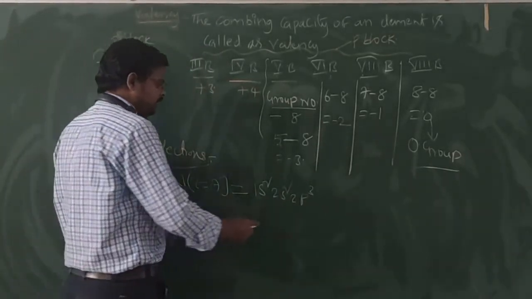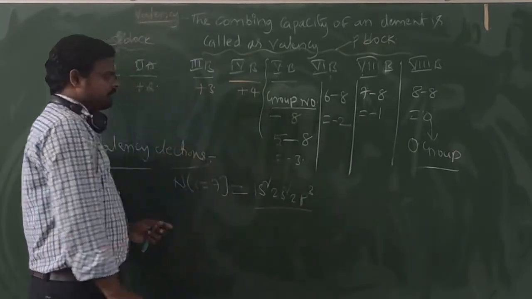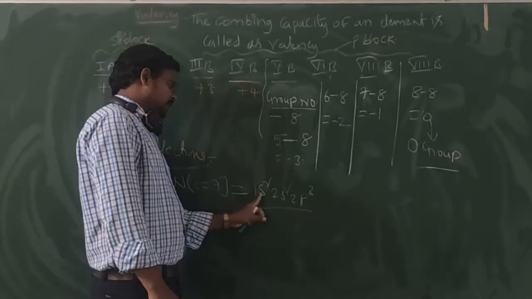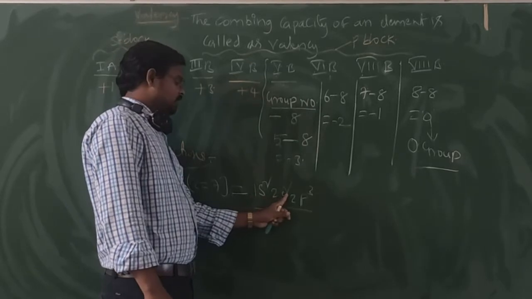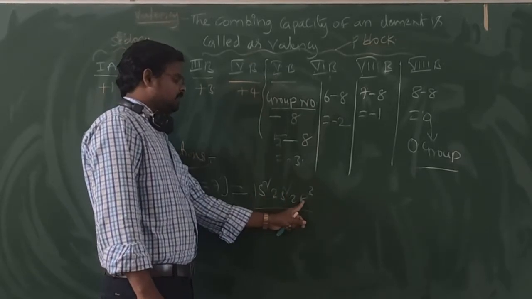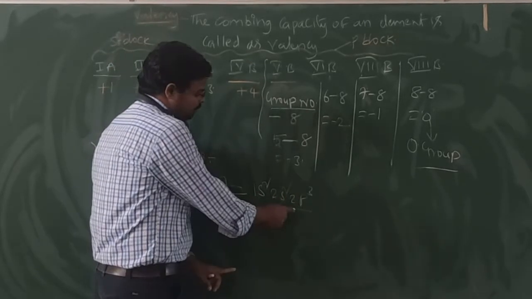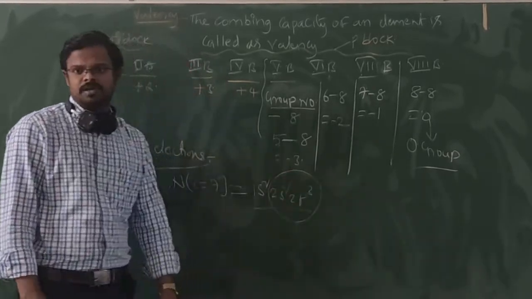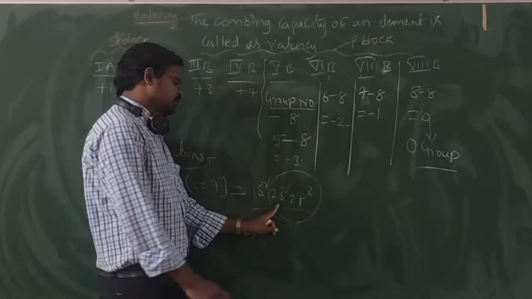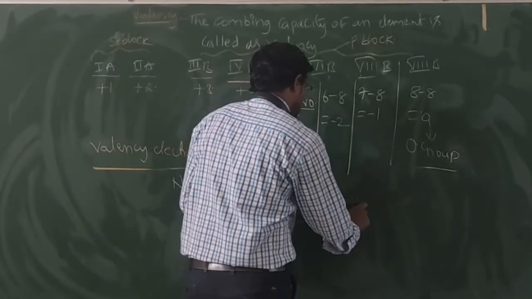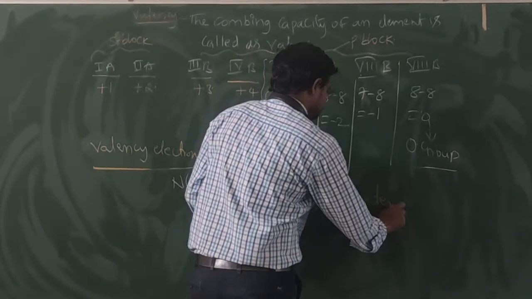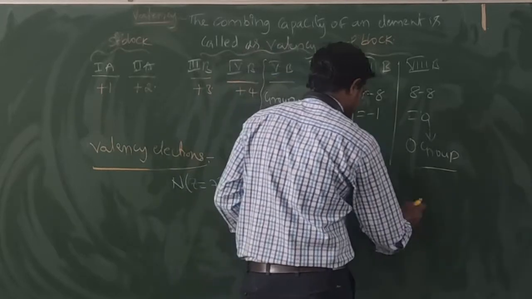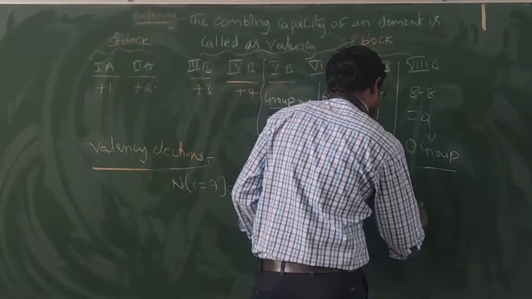By writing the electronic configuration, see, for the 1s orbital the n value is 1, for the 2s orbital the n value is 2, and for the 2p orbital the n value is 2. If you observe these two orbitals, their n value is common, that is 2. So this orbit is called the outermost orbit or outer shell.